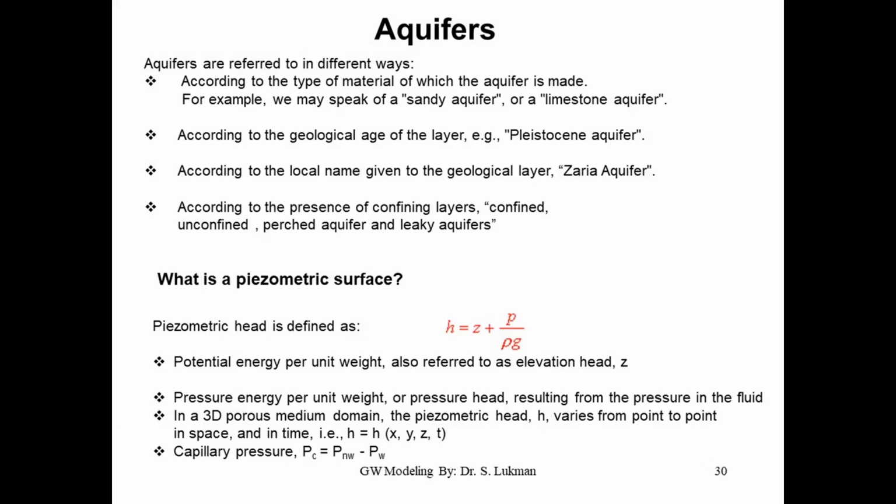P is the pressure in the fluid, rho is the density of water, G is the acceleration due to gravity, and the pressure is usually expressed in units of pressure, either Pascal, Newton or kilonewton per meter square, and what have you. And then H is now in meters, or as a height, dimension L, isn't it?